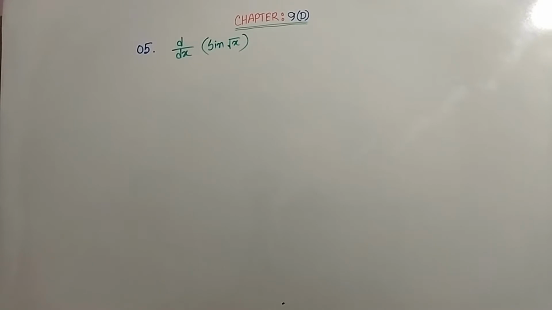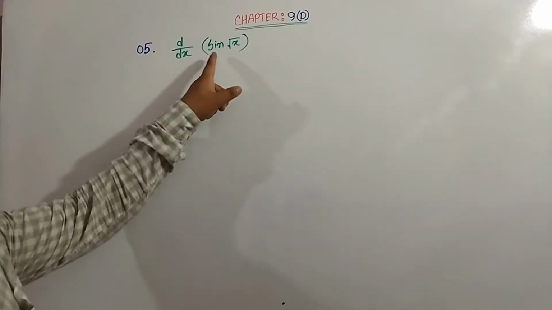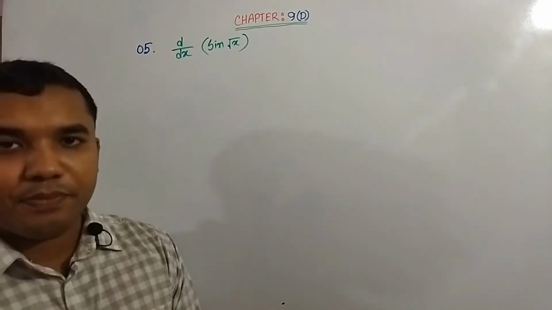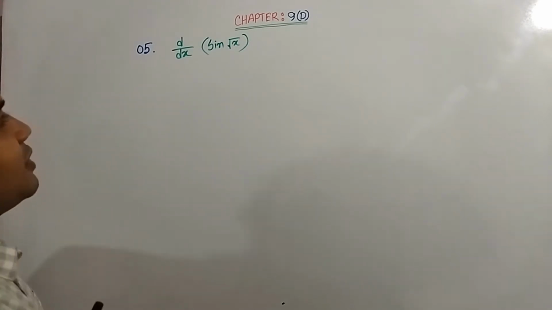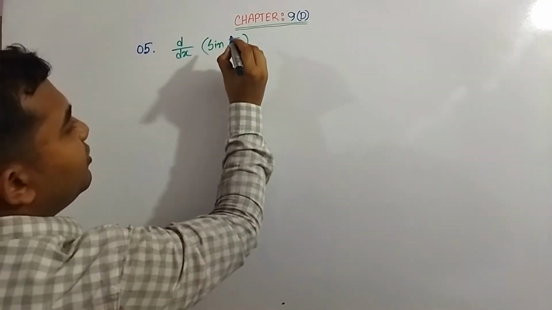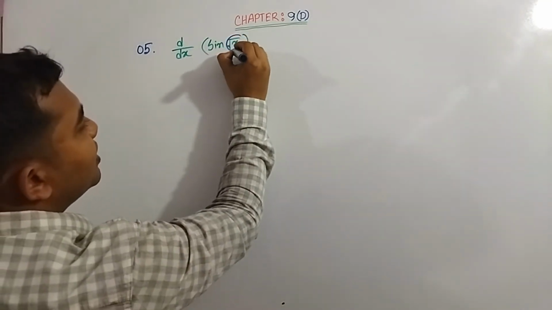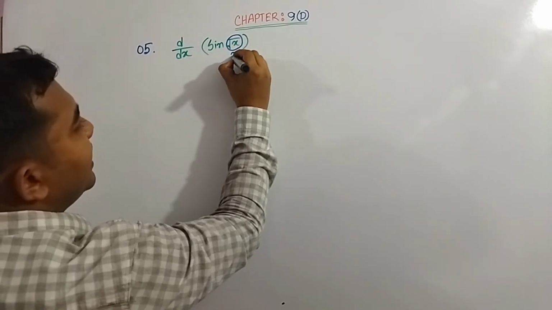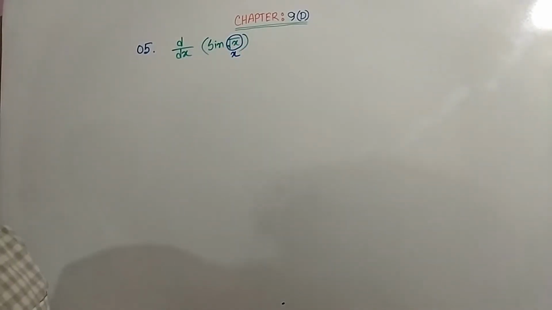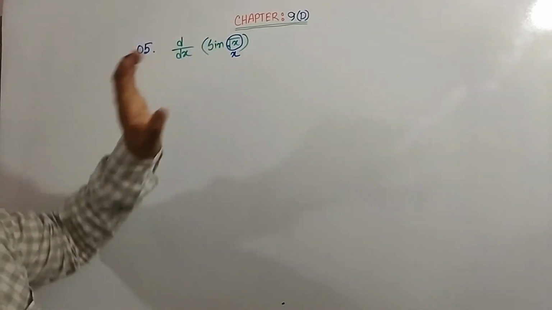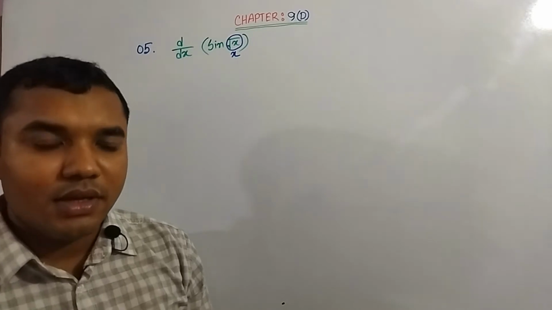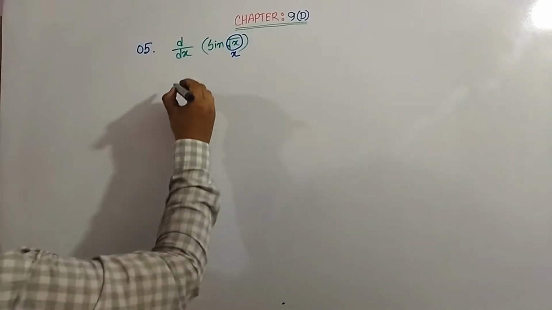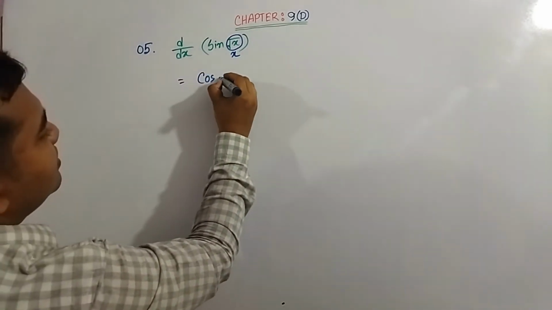Our first math problem today is the differentiation of sine root over x. How can we solve this type of problem? We assume the root over x part as x. If we assume root over x as x, then the derivative of sine x is cos x.